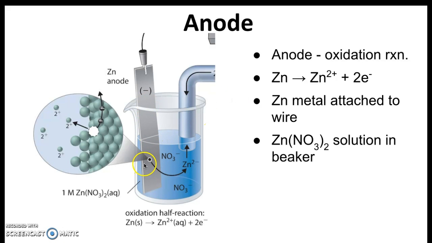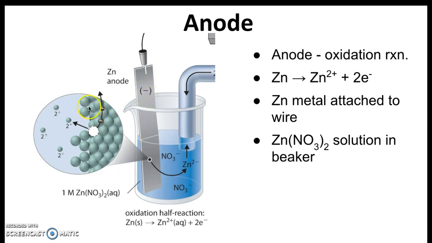Zooming in on a close-up, we have this piece of zinc metal inside a solution of zinc nitrate. When you dissolve zinc nitrate, it generates zinc ions. And what happens is the zinc anode, the zinc metal, will pump zinc ions into the solution as it is losing electrons.